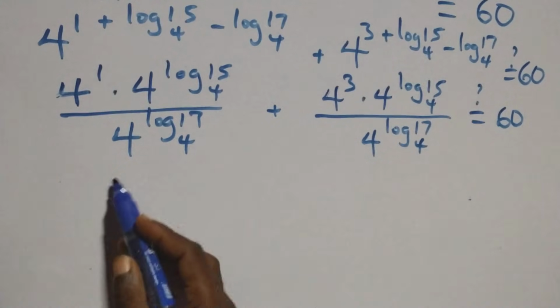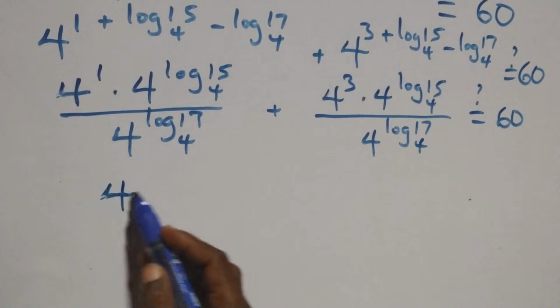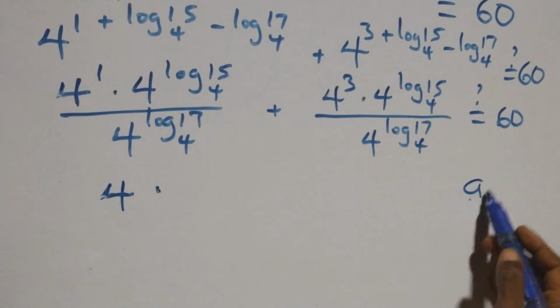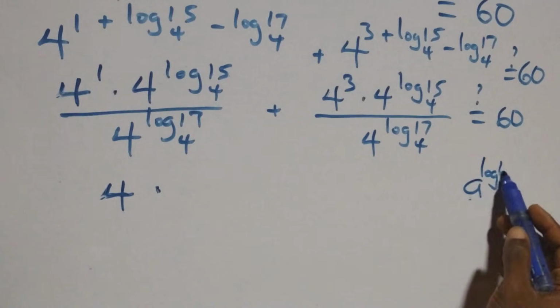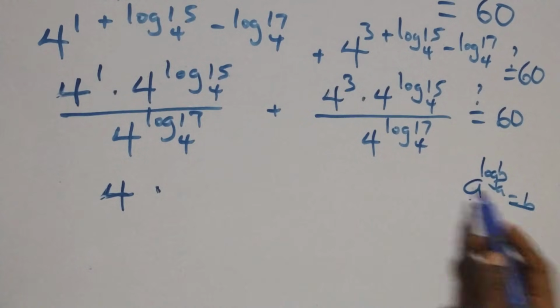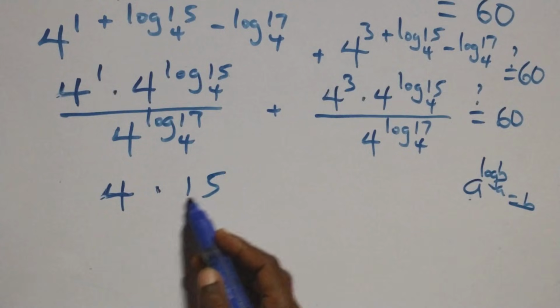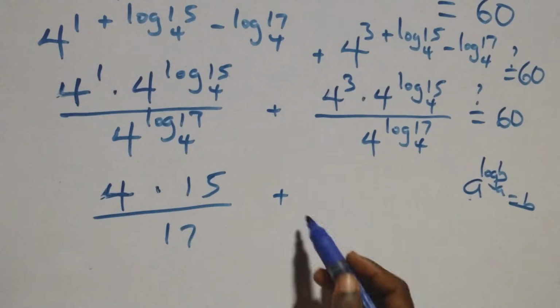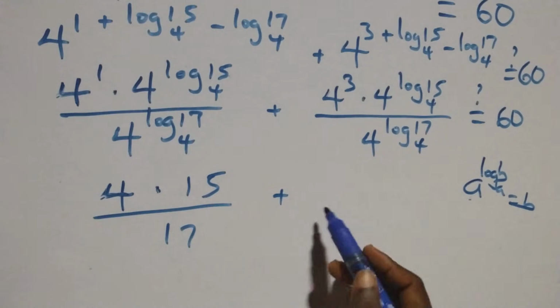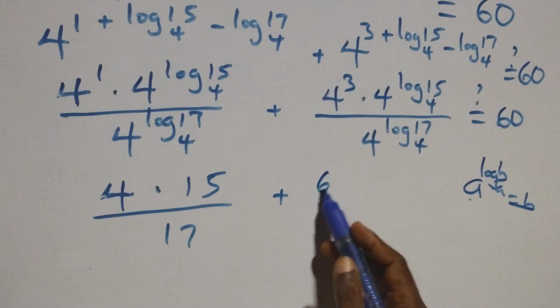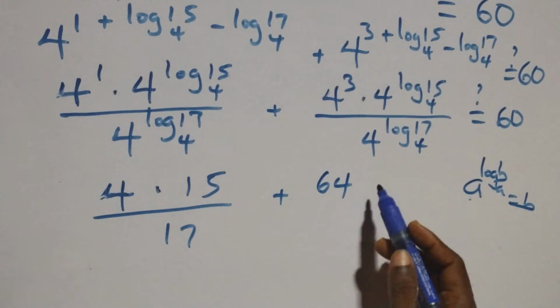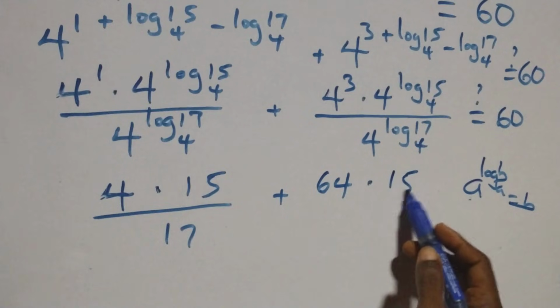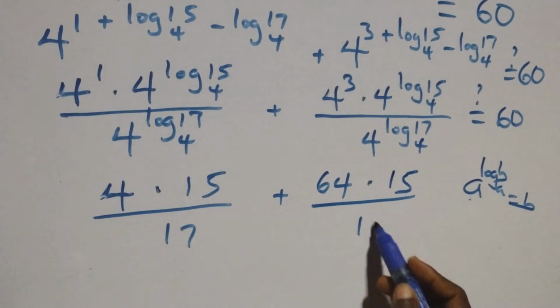Then 4 raised to power 1, that's 4, times, this follows when we have a raised to power log b to base a, which is equal to b, here we have 15 over 17, plus 4 raised to power 3, 4 multiplied by itself 3 times, that's 64, times 15 over 17.